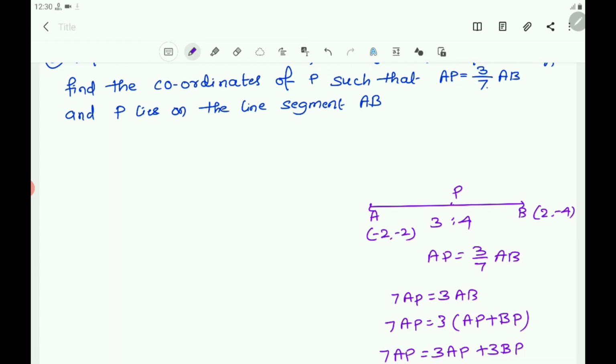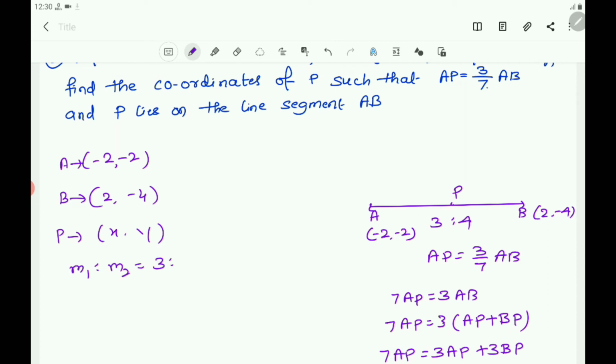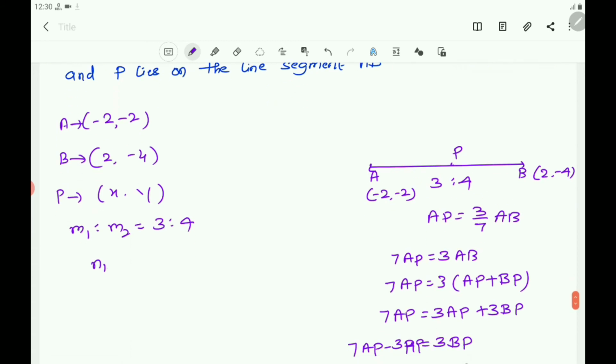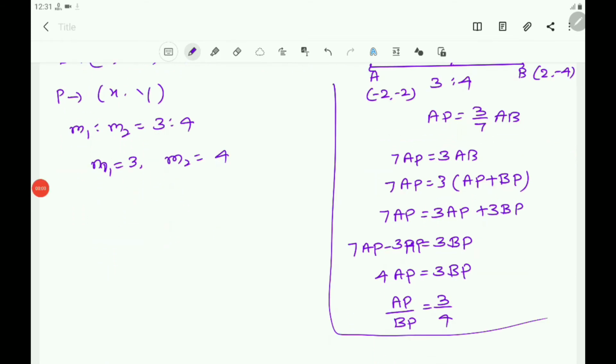So you can have here A is a point with coordinates (minus 2, 2), and B is a point with coordinates (2, minus 4), and P is a point with coordinates, let us have, (x, y), and the ratio is m1:m2 equals 3:4, and let us have m1 equals 3 and m2 equals 4.